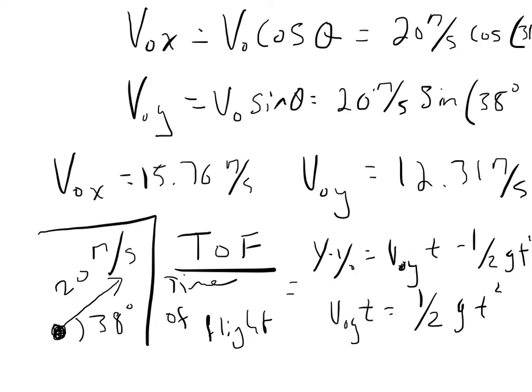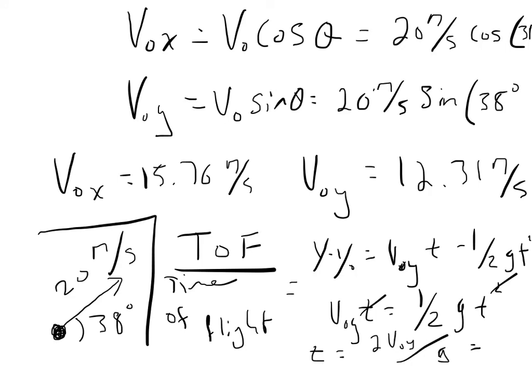Yes? Okay, so I can get rid of some terms here. When we get back to that equation, t is equal to what? 2 v naught y over g. Right?